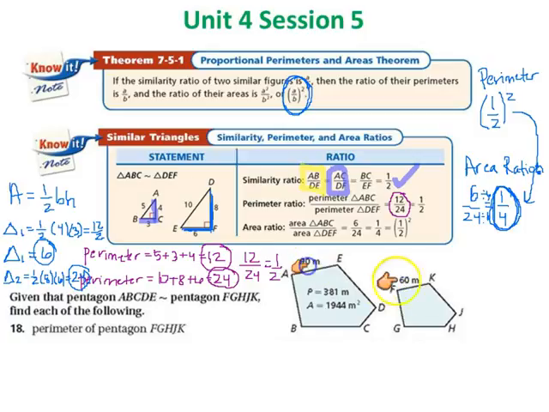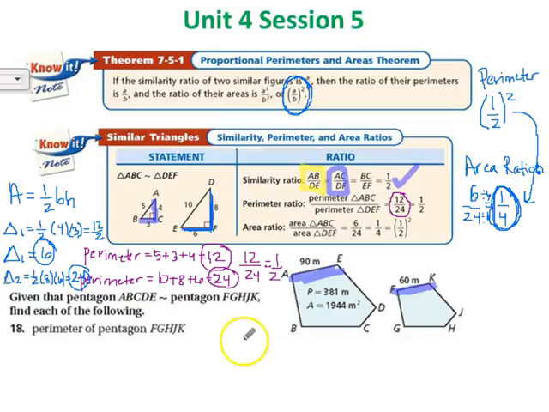So is that enough to help us find the perimeter? It sure is. How are we going to do that? Well, let's set up a ratio using the information that we know. We know this corresponding side here and this corresponding side, so we can use a ratio to show those two sides are corresponding.